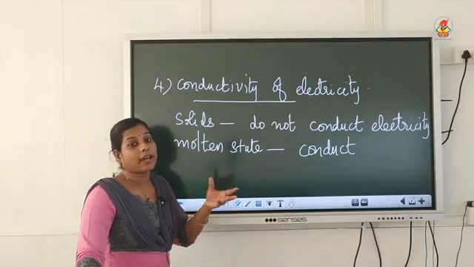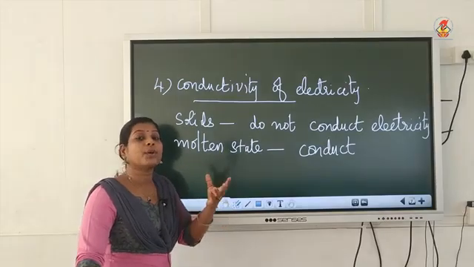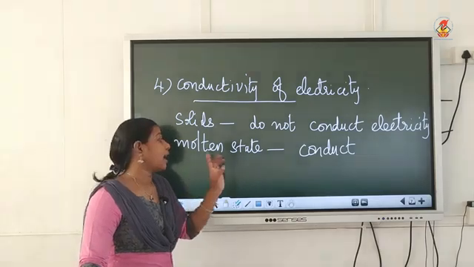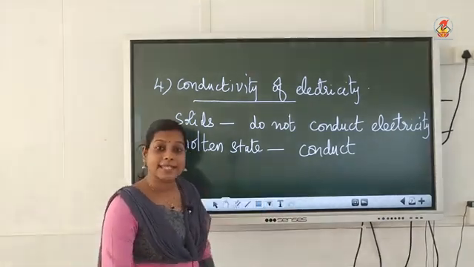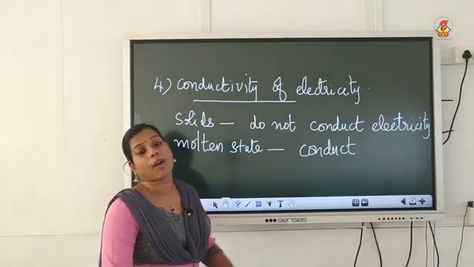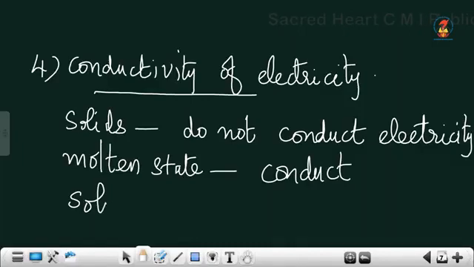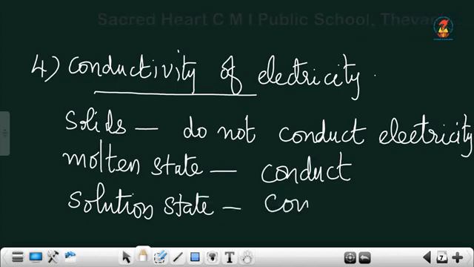When they are dissolved in water, their solution will be completely conducting electricity, because in that solution also movement of ions is there. So, in solution state, they conduct electricity.